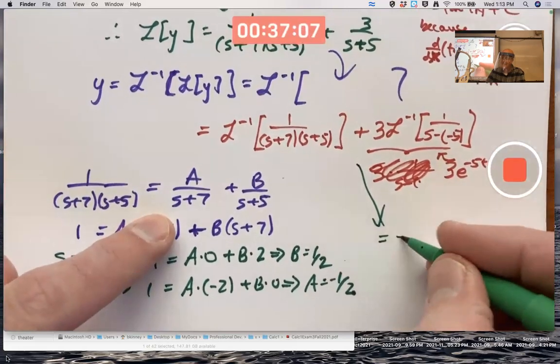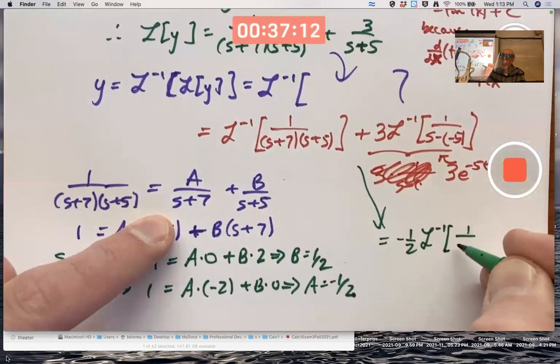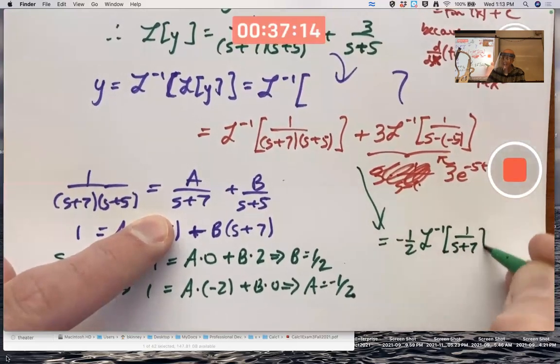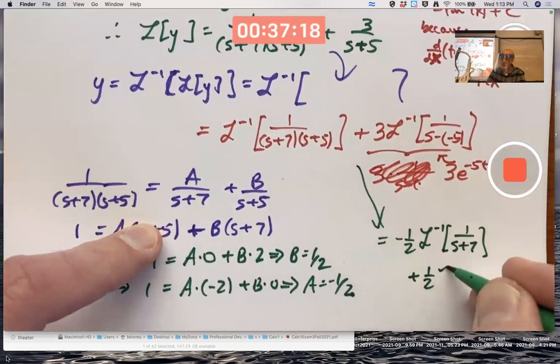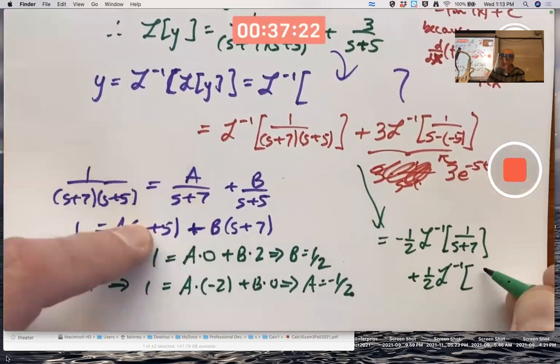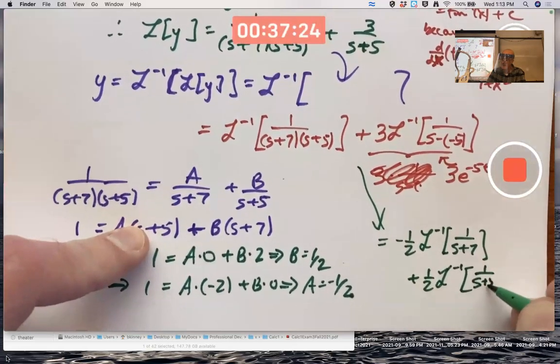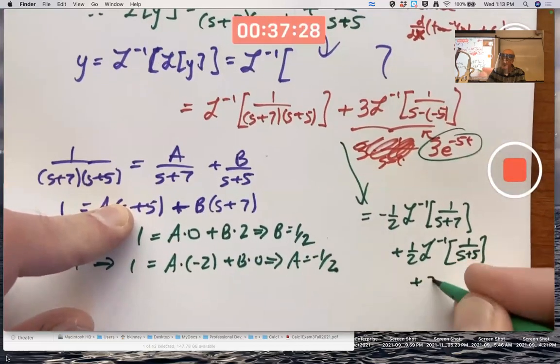A is negative 1/2. B is positive 1/2. B is over s plus 5. I already know this 3 to the negative 5t is there.